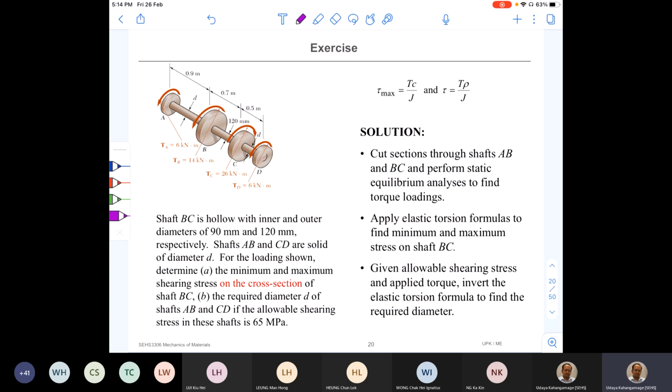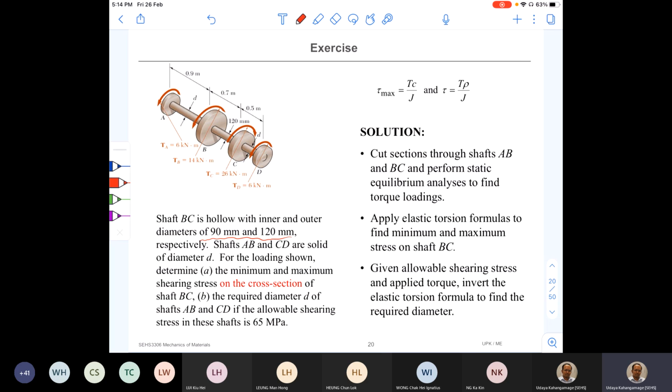So do it. Okay, so what it says: shaft BC is hollow. So there's a long shaft, and the BC portion is hollow with inner and outer diameters of 90 millimeter and 120 millimeter. Now this is for cross section BC.